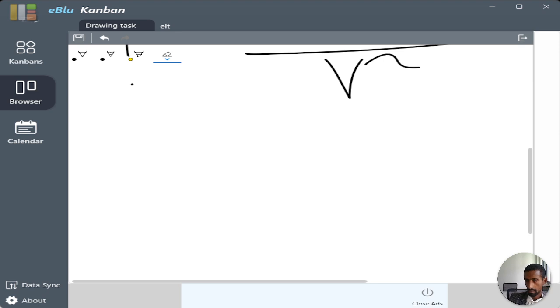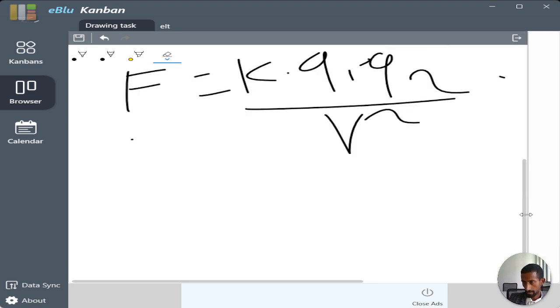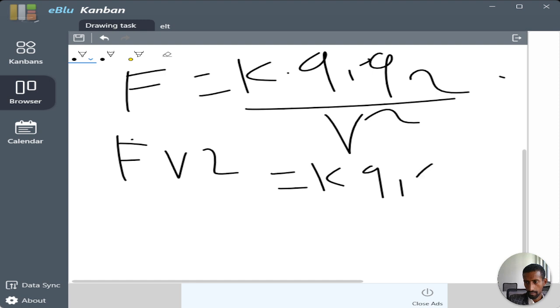This is the equation, yes? F is equal to K Q1 Q2 over R square. If we crisscross, we get F R square equal to K Q1 Q2.